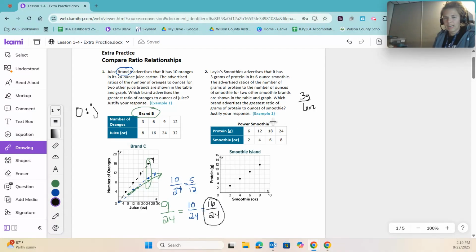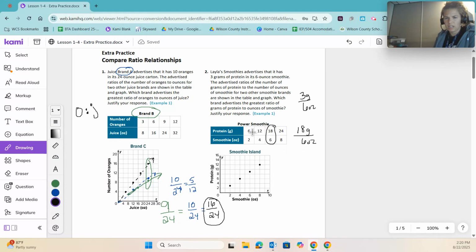All right. Now, let's see here. Okay, so this table here, we've got 6 grams of protein for 2 ounces of smoothie. Look, this one also has a 6 here. Okay, so we can use that ratio. All right, 18 grams of protein for 6 ounces.